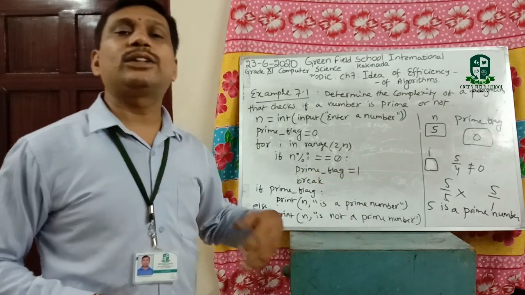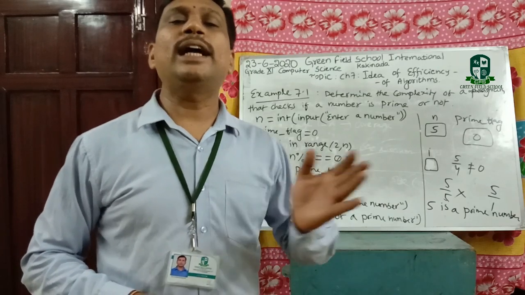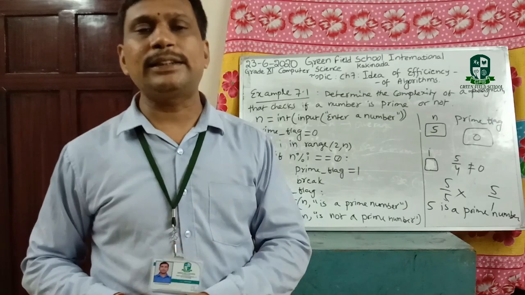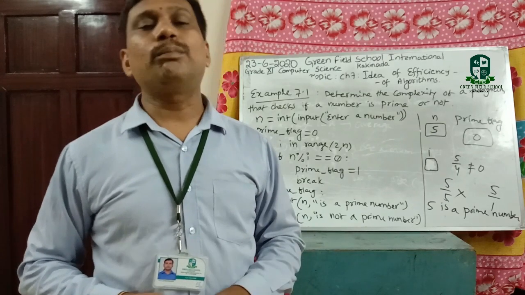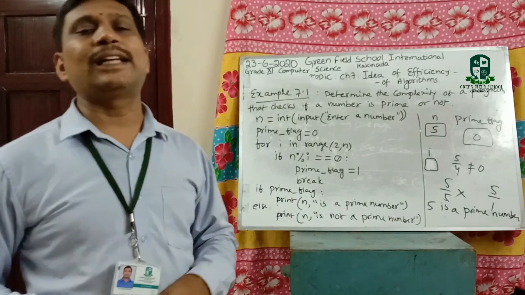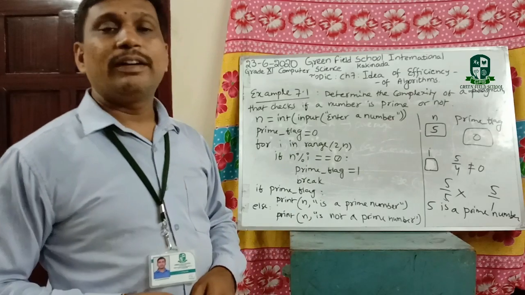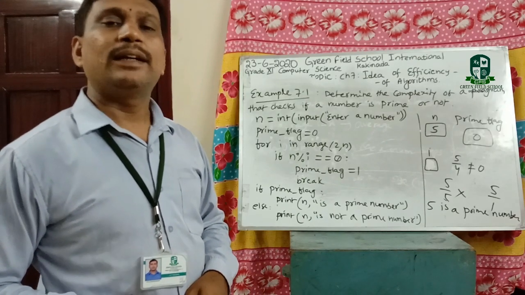Whenever flag changes from 0 to 1, it means it has more than 2 factors. When a number has more than 2 factors, it is not a prime number. It is a composite number. By using this logic, we calculate whether the given number is prime or not.